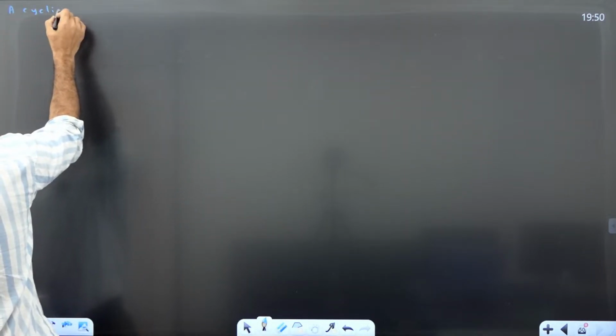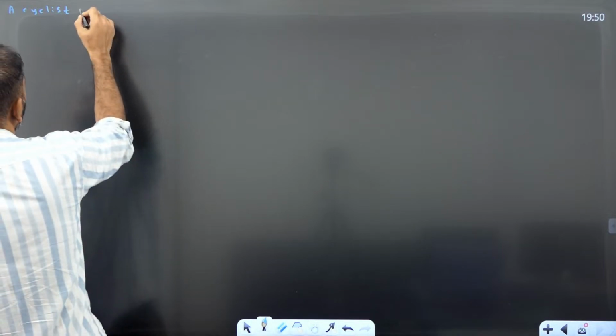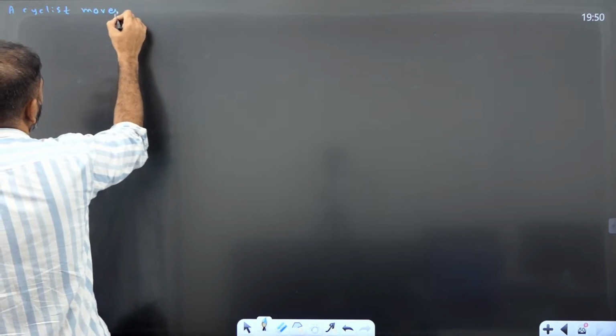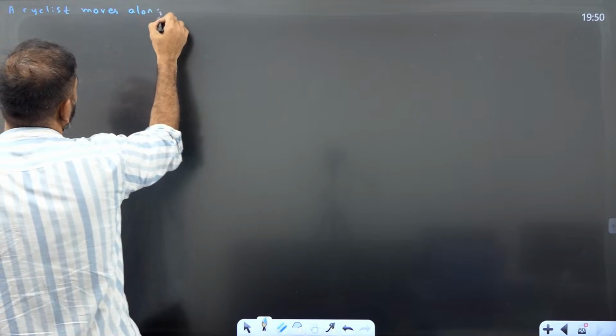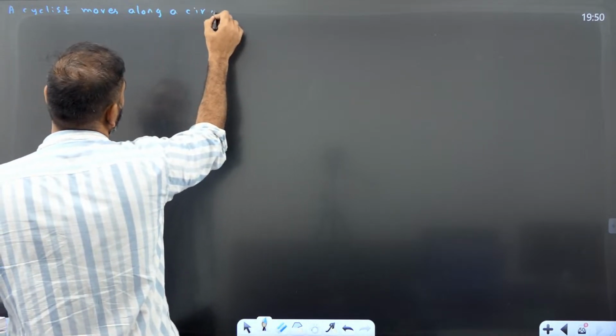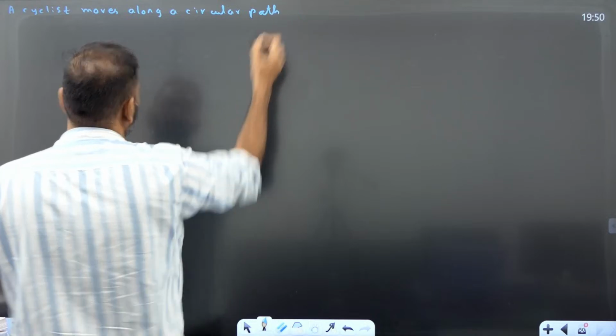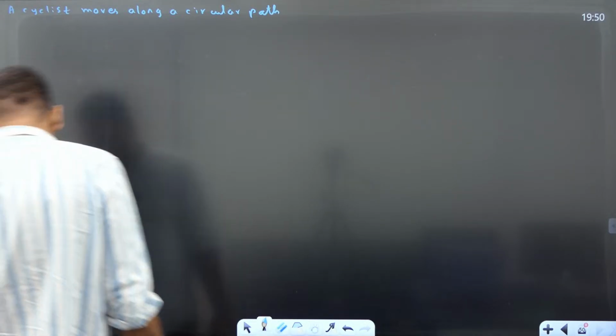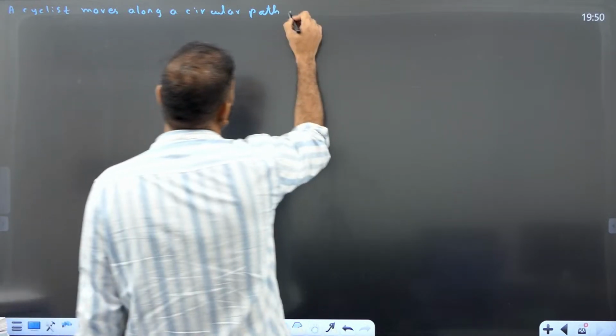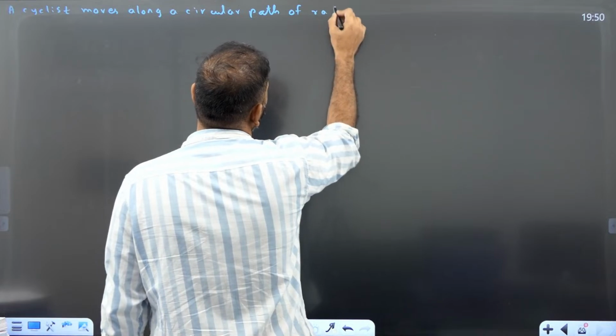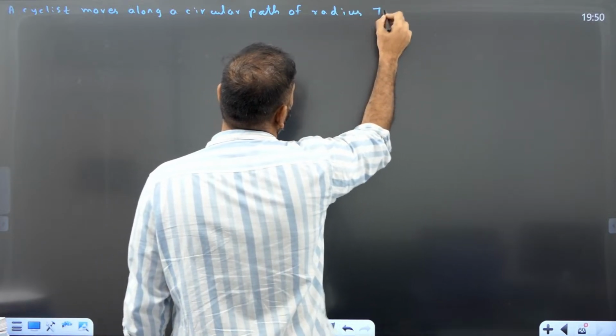A cyclist moves along a circular path of radius 70 meter.